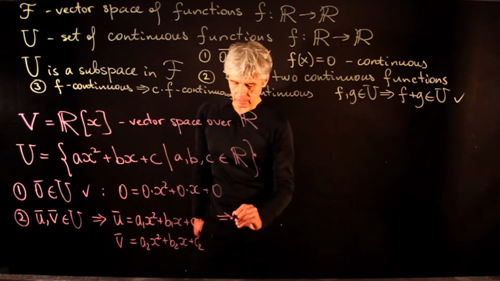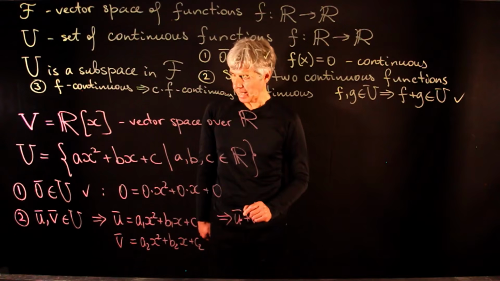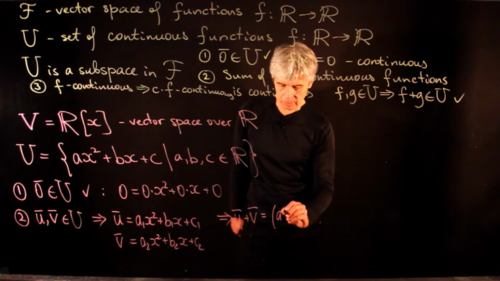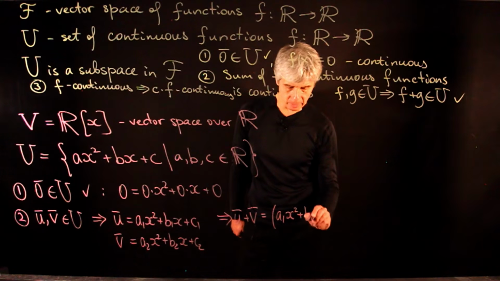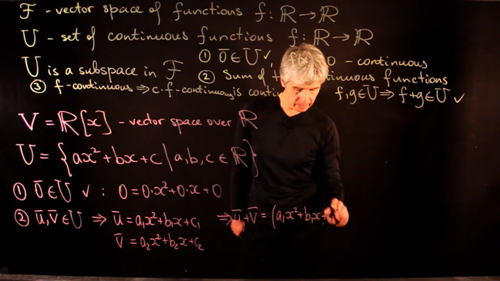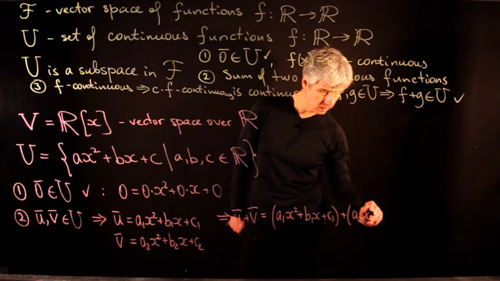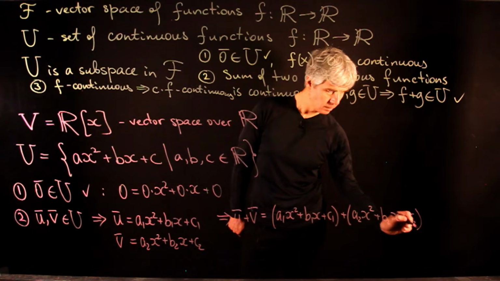Then we take the sum, u plus v. And so what's the sum? It's going to be the sum of these two polynomials: a1 x squared plus b1 x plus c1 plus a2 x squared plus b2 x plus c2.